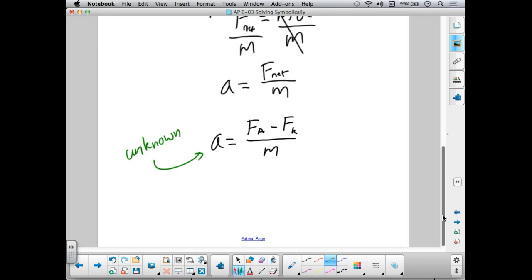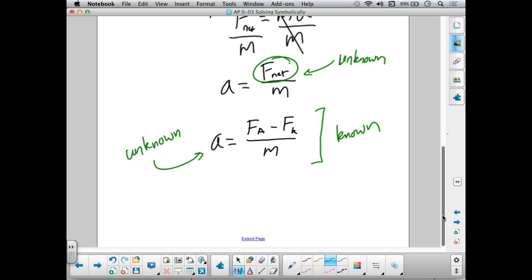It's the acceleration. And notice that everything on the right-hand side is known. Every single thing on the right-hand side of my equation is a known. I don't have anything that is an unknown. If I had left it up here as just F net, this is not yet known. This is an unknown as well.